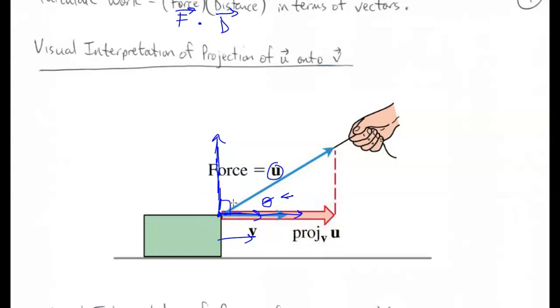If I'm pulling the box straight up, then of course the box is not going to move to the right at all at that point, because none of the force that I'm applying is going to be applied in the positive x direction to make the box move to the right. And we'll see when we start to study the properties of the dot product that this sort of thing pops up here.